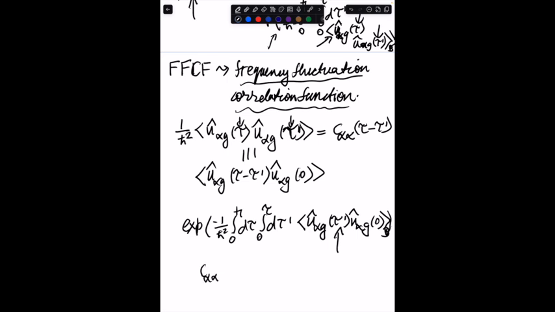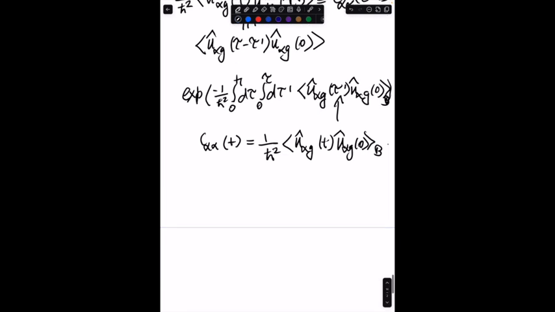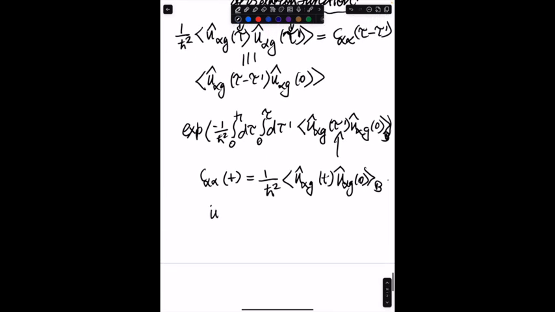So this C alpha alpha, let me just use some generic index t for simplicity, is given as 1 upon h bar square, you had alpha g t, you had alpha g 0, trace over all the path states. So you had alpha g upon h bar, this has units of energy, and divided by h bar you can write it as delta omega alpha g.